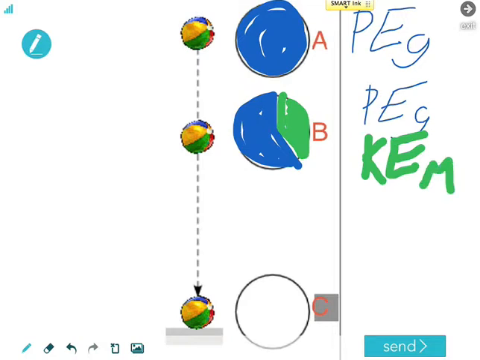And then if you remember from back at the beginning, in pie chart C, the ball is just about to hit the ground. So we have absolutely no gravitational potential energy and 100% kinetic mechanical energy.